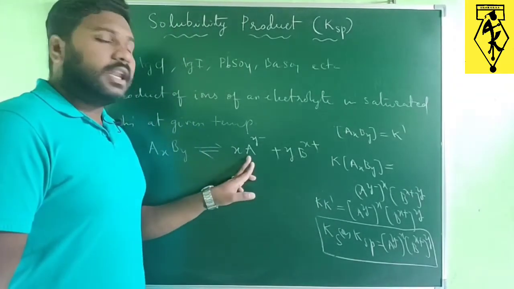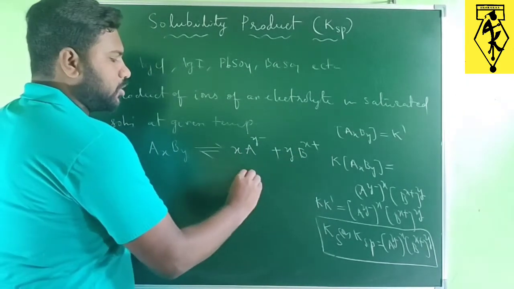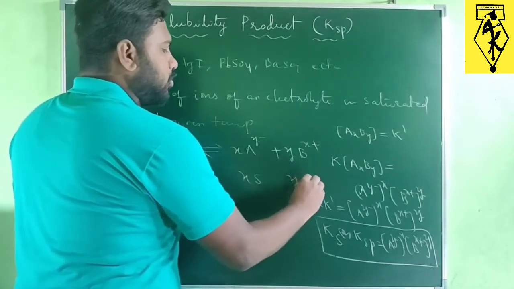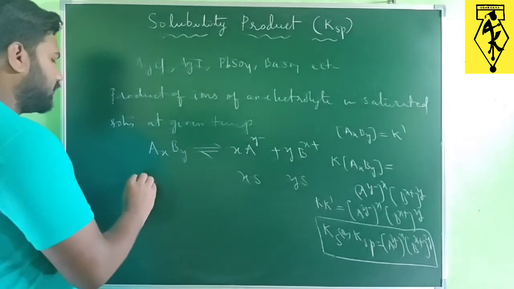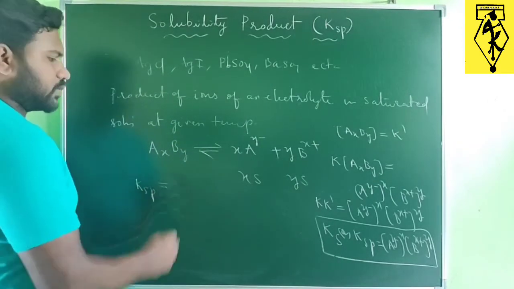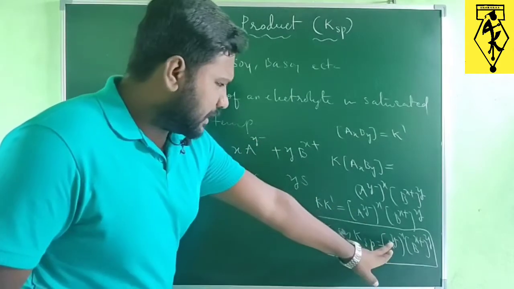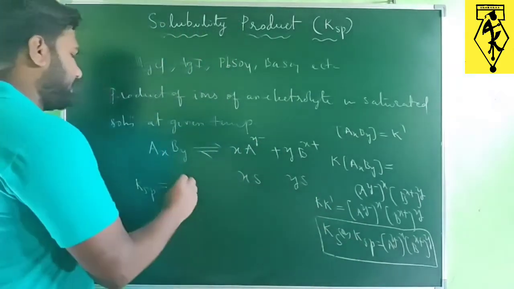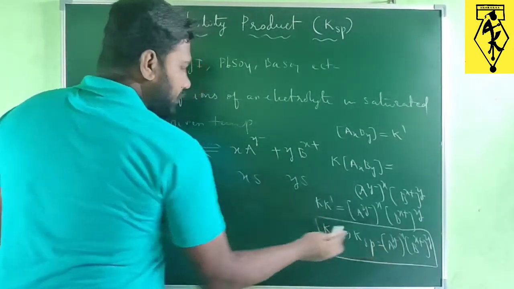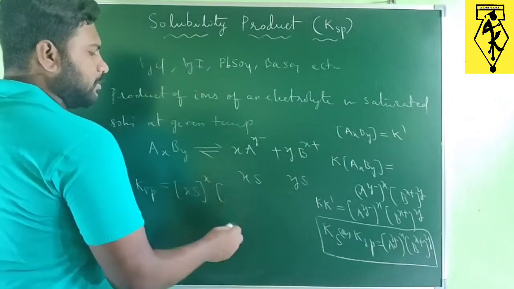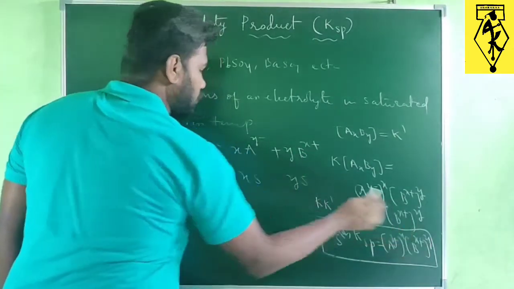Here the solubility of these two ions I am taking as S. So x moles S and y moles S. If you substitute these values in this equation, Ksp equals (xS) whole power x, similarly (yS) whole power y.